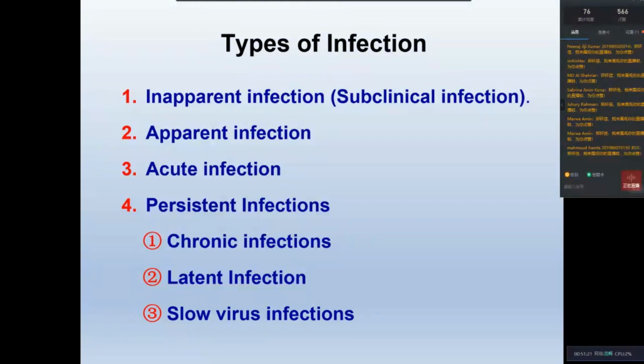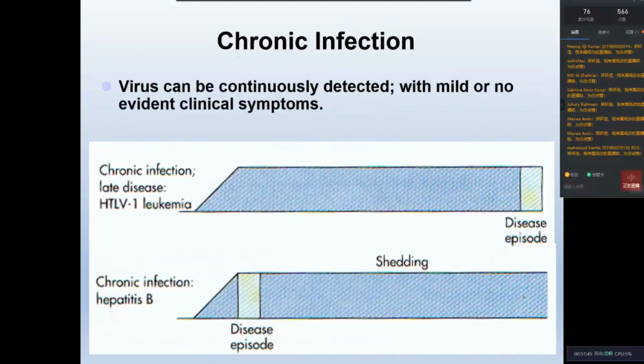And after that, the virus becomes undetectable because the virus is hidden in neurons, and we cannot detect the virus directly. And the virus can stay with us for a long time. This can be several decades, 50 years, 60 years, it's possible.